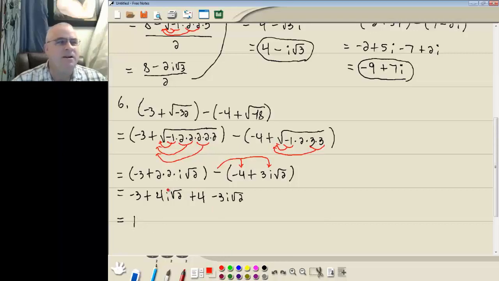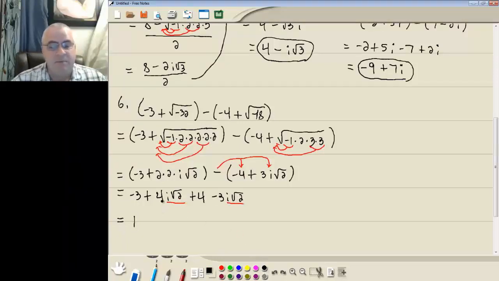Now it should be called combine together like terms, combine together radicals, and so forth. It should be an idea of combine together like items. If, excluding the number in front, they're exactly the same, you can always add or subtract the numbers that are in front. When I say they're exactly the same, see how this is i square root of 2 and this is i square root of 2? They're exactly the same, aren't they?